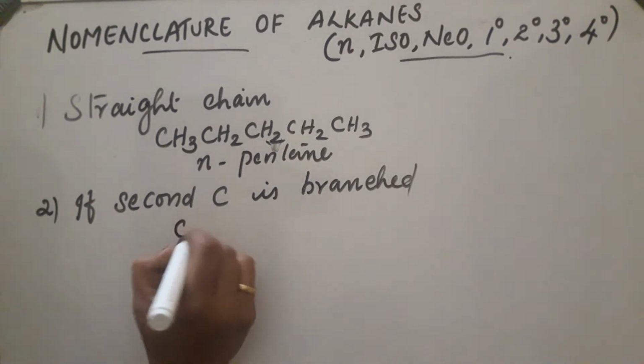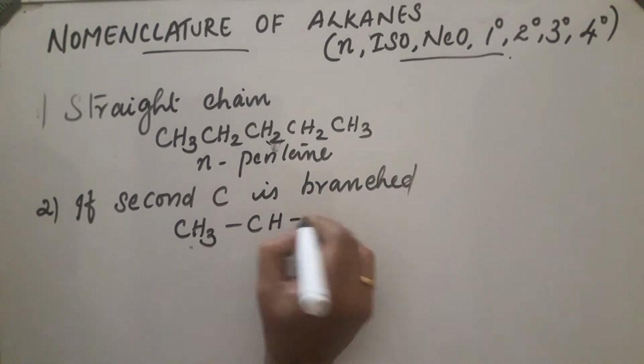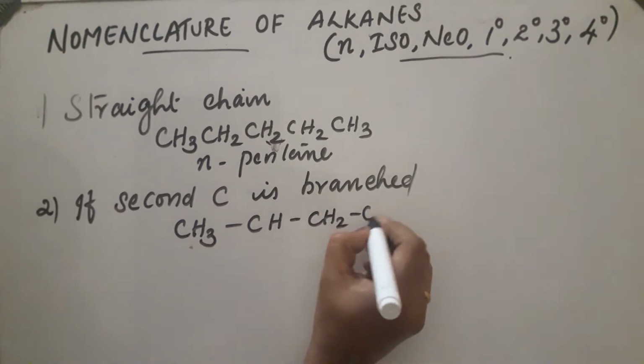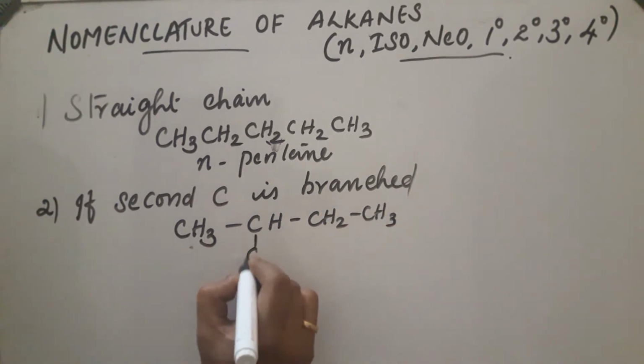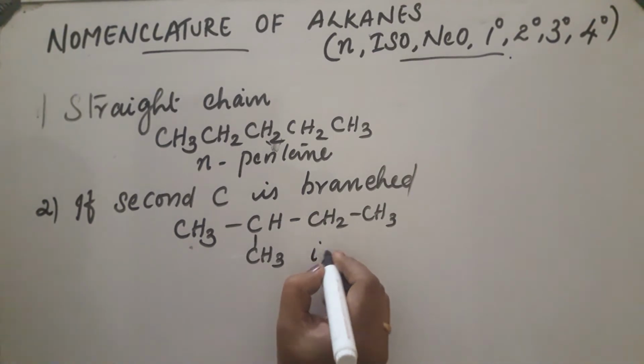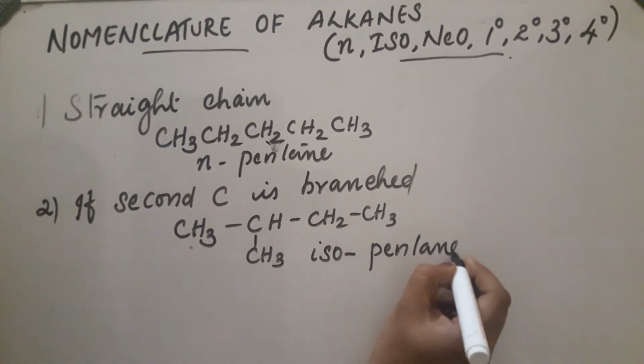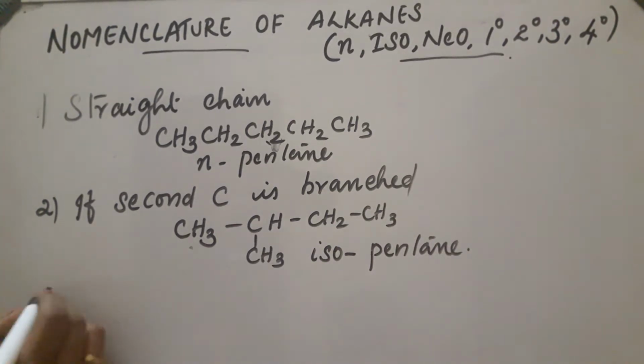Take one example, CH3, CH. In this case, the compound is named isopentane. Okay. Now, the third one.